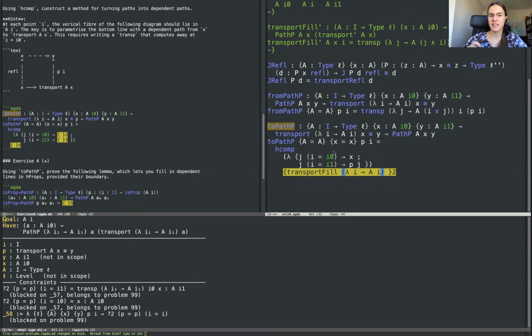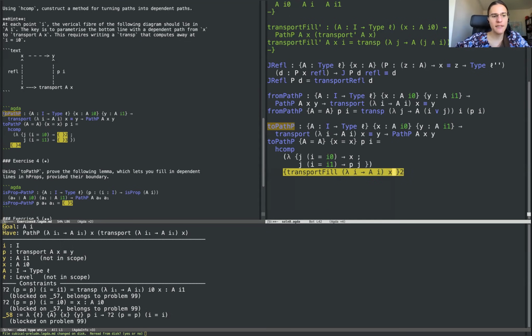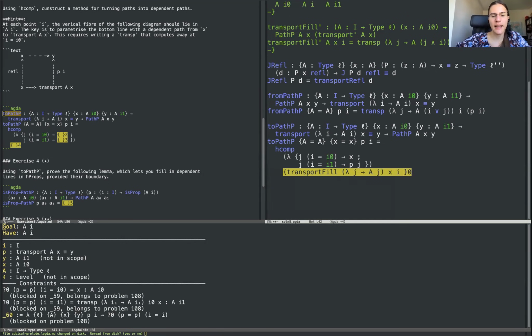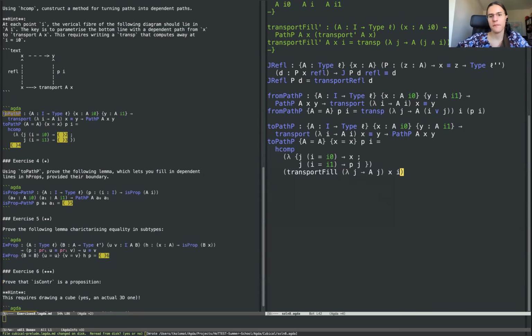It's not a redundant eta expansion, it's a necessary one. Then I'm going to need to give a point A of I naught. Well, that's my point X. And this gives me a connecting path. And I'm going to evaluate, I guess maybe I should call this parameter J, because it's different from the I from before. I'm going to evaluate that at I. And that gives me a point in A of I, right?